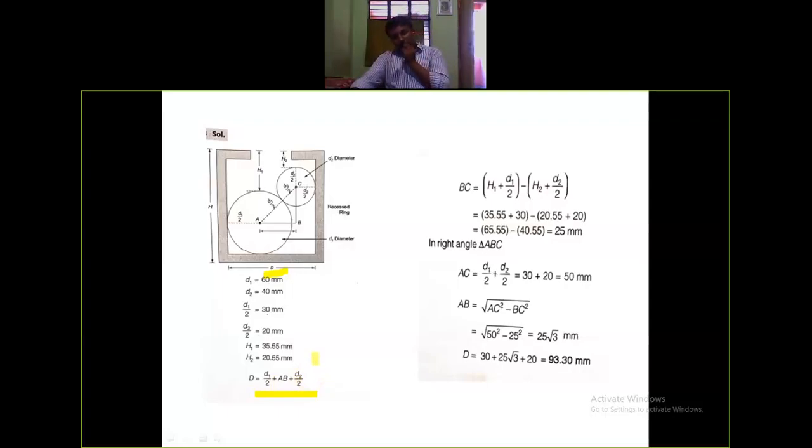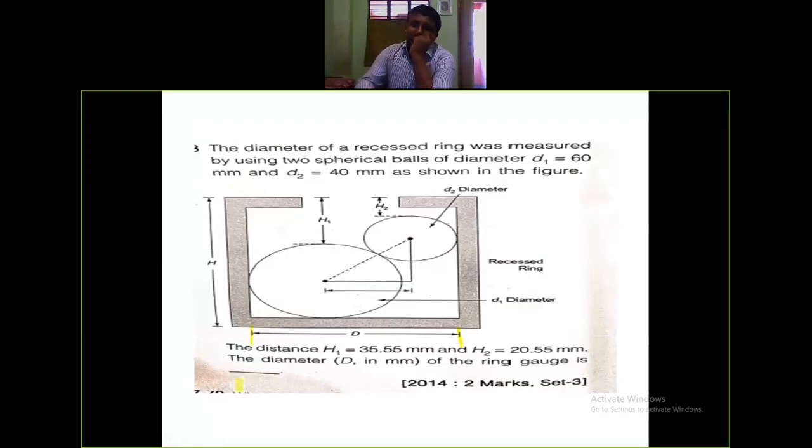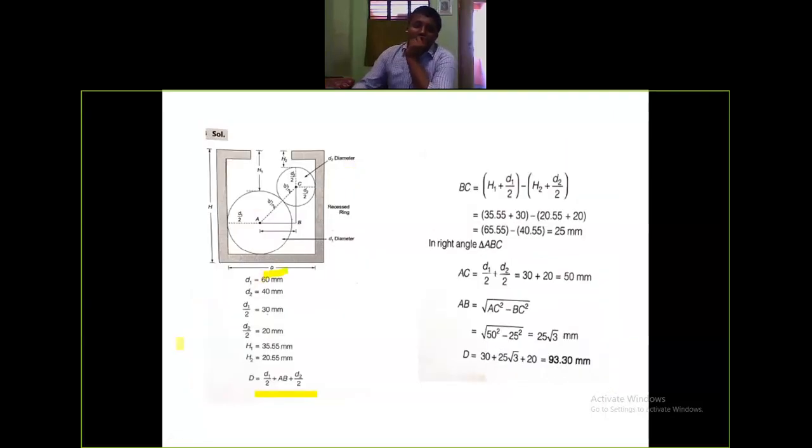That will be the value of D. In the given question, the values of D1 and D2 are given: D1 is 60 and D2 is 40. So if we can calculate the value of AB, we can easily find out the value of D, the diameter of the ring gauge.